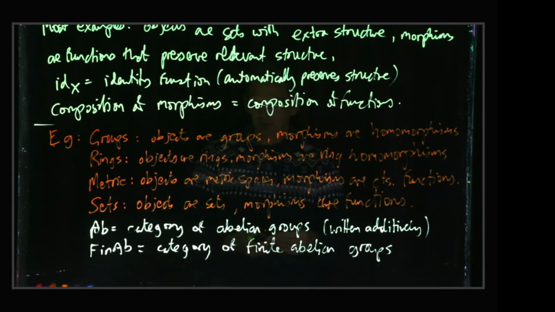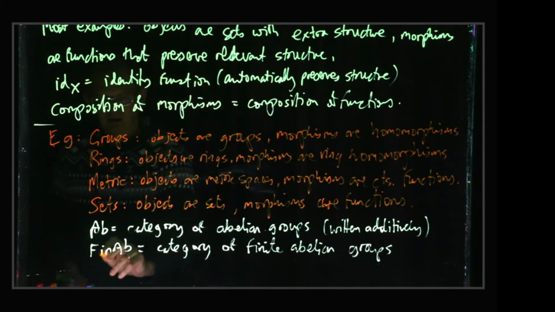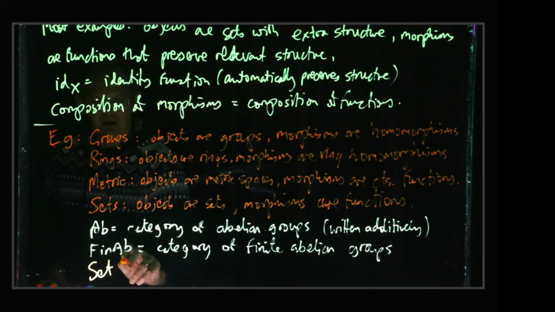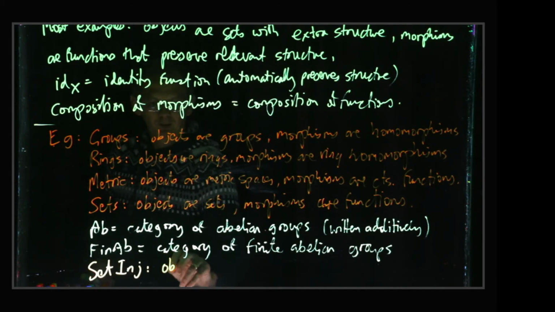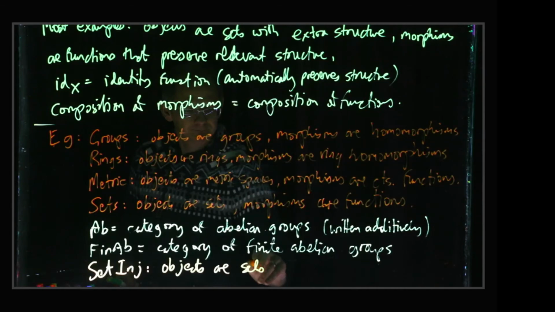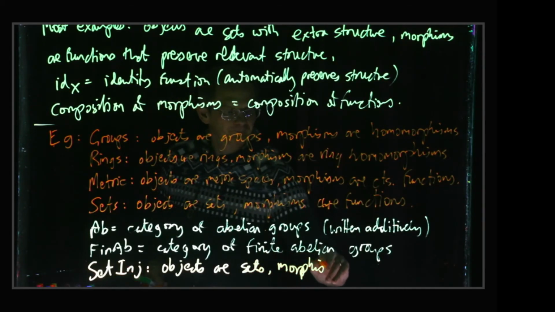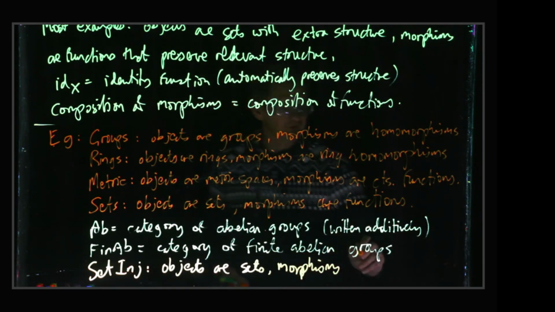But then we can also do a slightly different thing where, instead of cutting down the objects, we cut down the morphisms. We could do set ing. The objects are sets. The morphisms are injective functions.